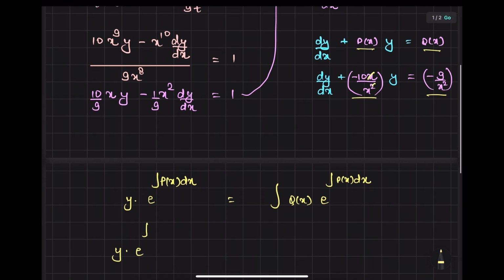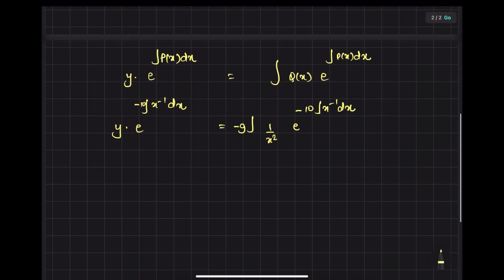This is done. So we are left with minus 10 x power minus 1 dx is equal to, who is q x? Q x is minus 9 times 1 by x square, okay, so 1 by x square, and then we have e power minus 10 x power minus 1 dx.